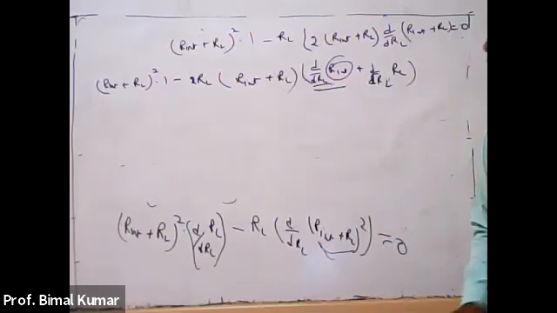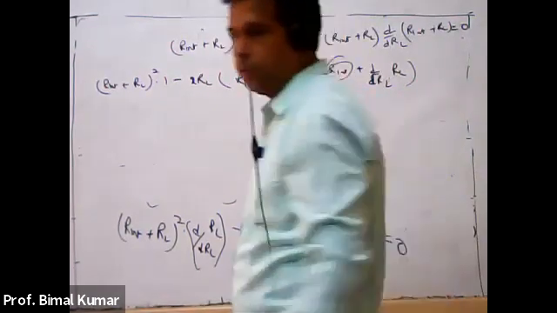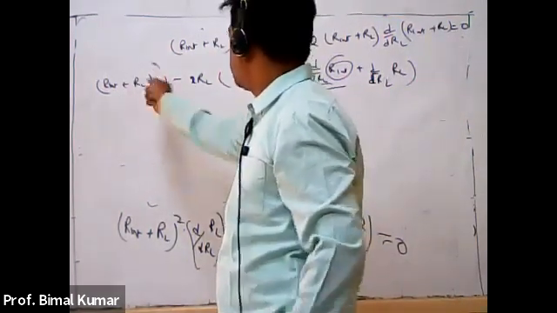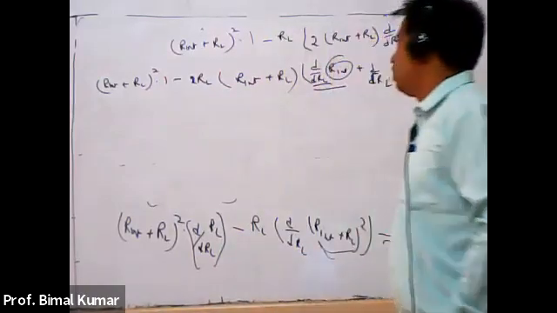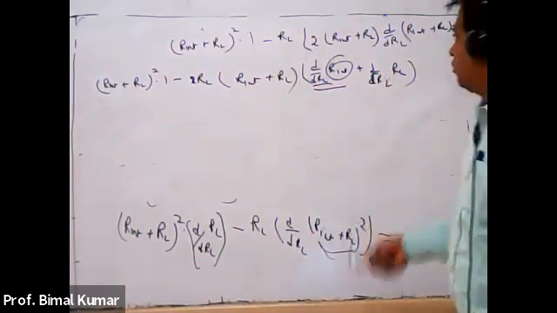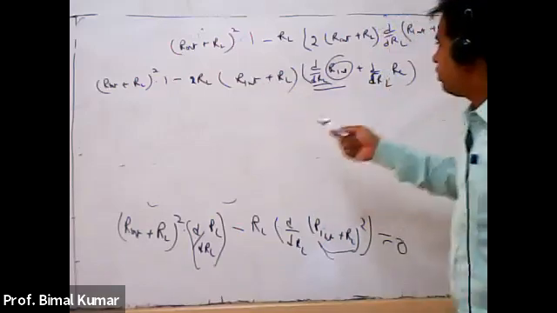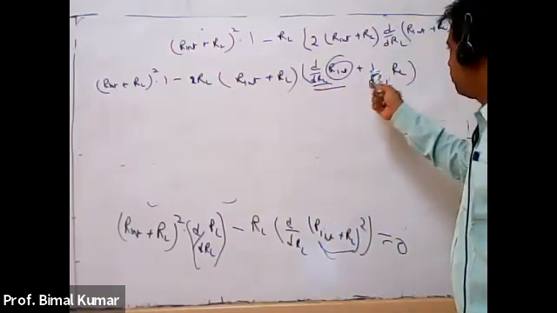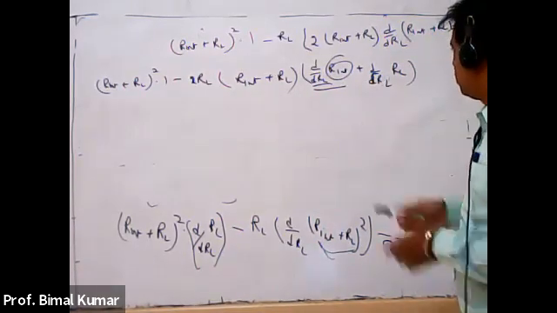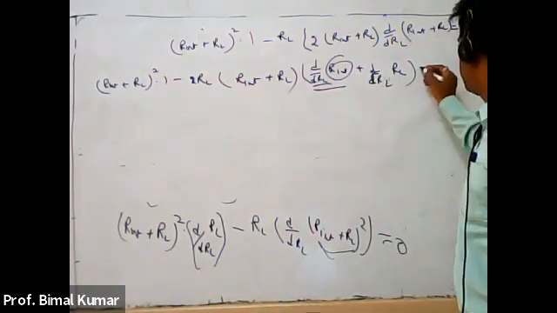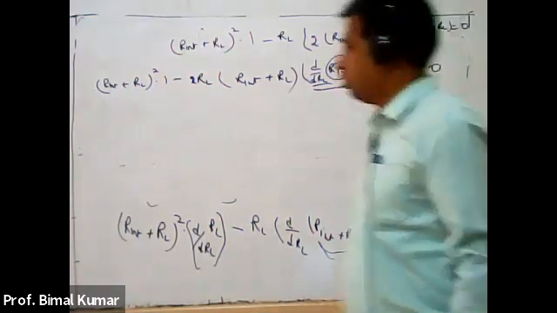Yes. So see here. Now in this case, (R internal plus RL) whole square into 1 minus 2RL into (R internal plus RL) into d by dRL of R internal plus d by dRL of RL is equal to 0.